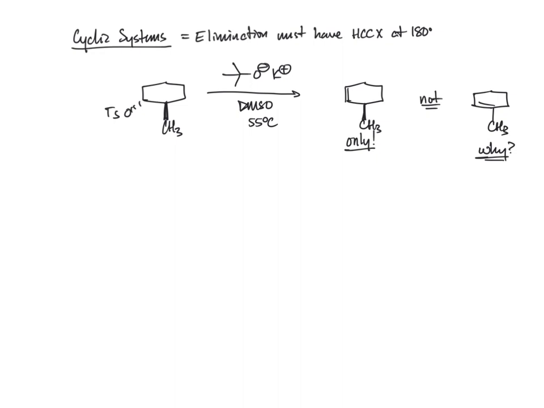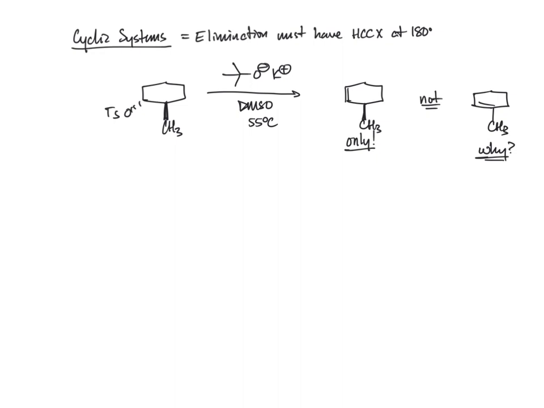So when you're given a cyclic system, that's basically telling you you have to convert it to a chair. And then you have to look at both conformations of that chair. You can't just look at one, you have to look at both.